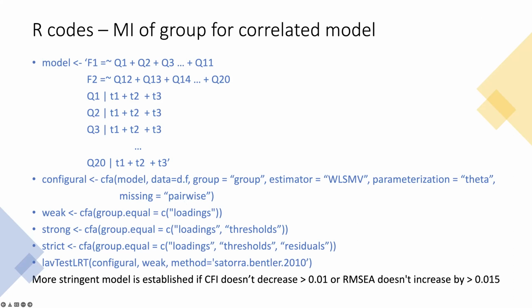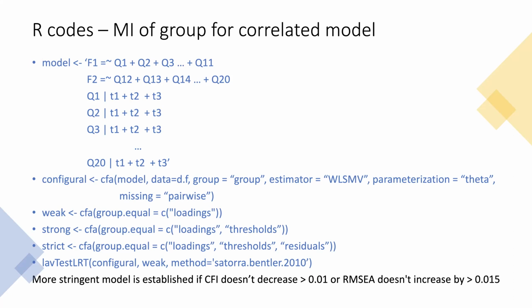And so the next one we want to try is weak invariance. To do weak invariance, all you have to do is copy everything once your model is defined; you don't have to redefine it. Whatever you put in configural, you still need that. The only extra thing is you want to constrain the group to equal loadings. So you want the loadings onto the factors to be the same between the concussion and the orthopedic injured group.